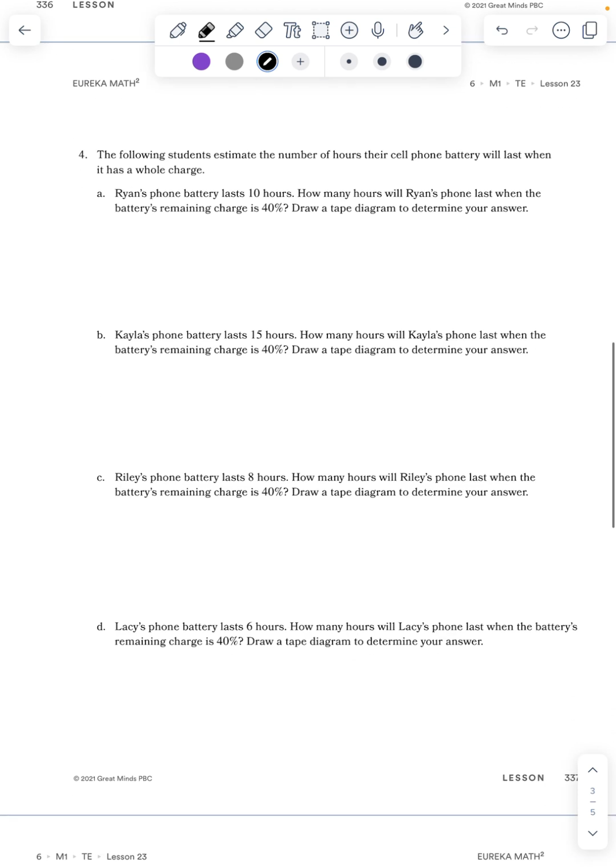The following students estimate the number of hours their cell phone battery will last when it has a whole charge. Ryan's phone battery lasts 10 hours. How many hours will Ryan's phone last when the battery charge is 40%? Draw a tape diagram to determine your answer. I know that the whole thing is 100%, and I'm looking for 40%.